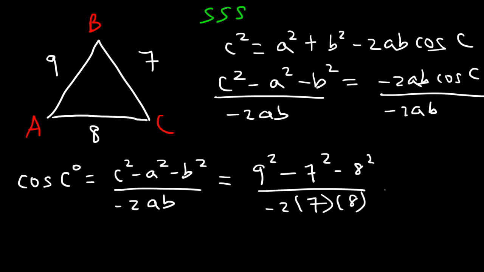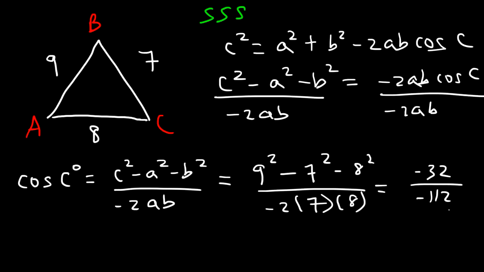Nine squared is 81, 7 squared is 49, and 8 squared is 64. So 81 minus 49 minus 64, that's equal to negative 32. And then 2 times 7 times 8, that's 112.